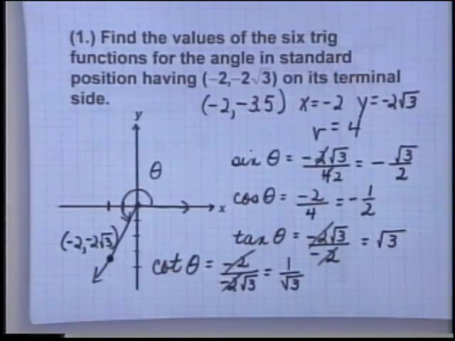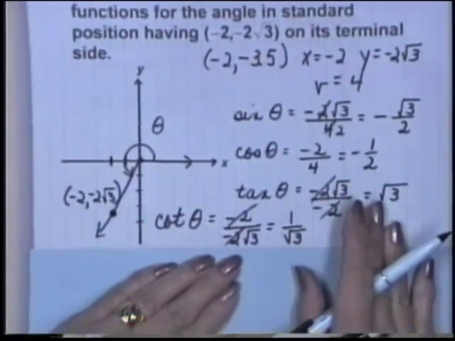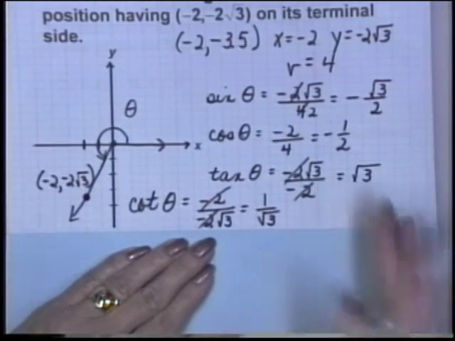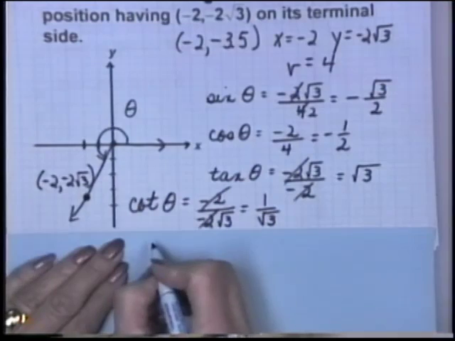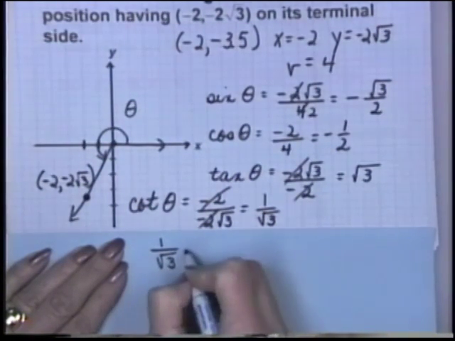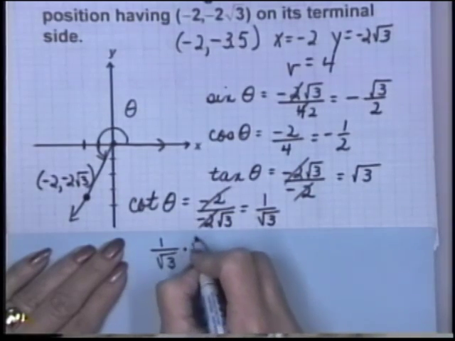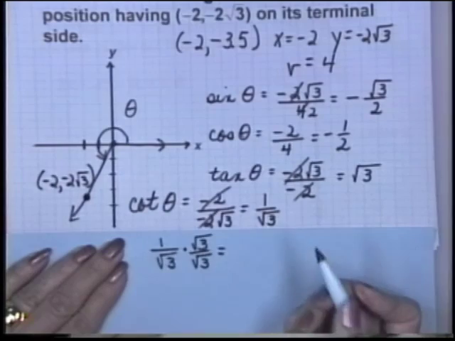Now, I'm sure that you remember from intermediate algebra that we just don't leave it like that, do we? So, what do we do? We call it rationalizing the denominator. We multiply both the numerator and the denominator by the square root of 3.